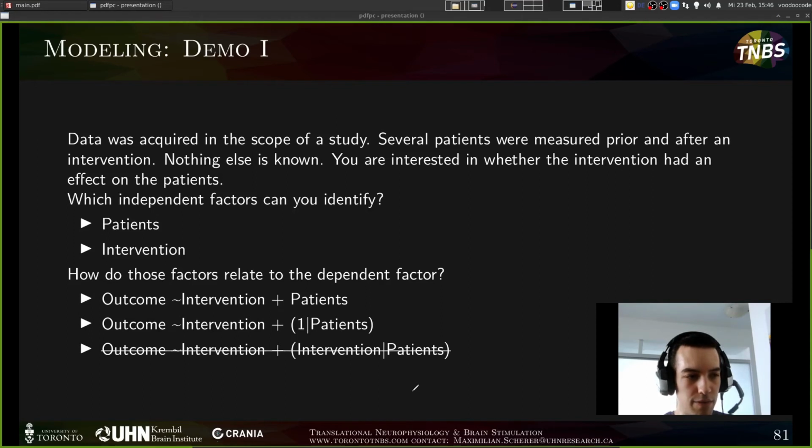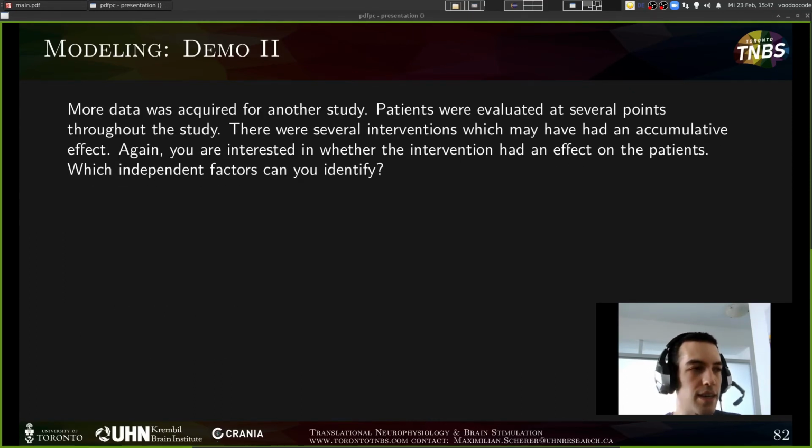For example, if we applied that second model here, which is totally valid, we would not be able to tell whether there's a significant difference between patient 1 and patient 5, because we're not investigating that in the first place. But in turn we get a stronger statistical power on the effect of the intervention, likely. So there are always these advantages and disadvantages when selecting those individual models.